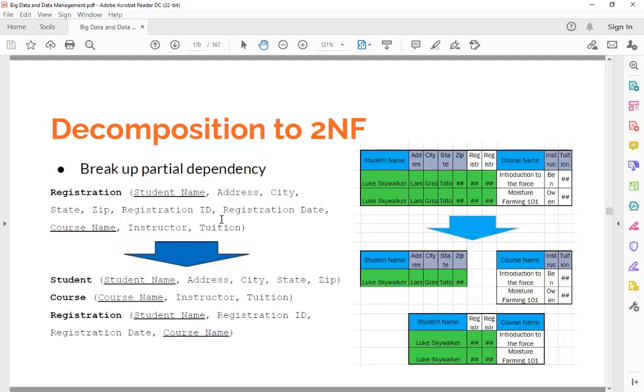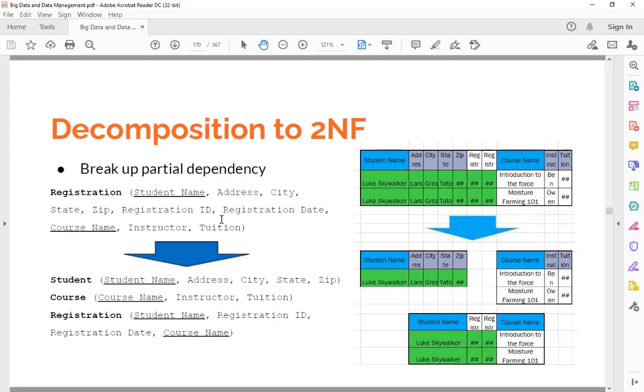Now, student name and course name itself is a primary key. You still need to keep this compound primary key as a relation because there's still this dependency between student name and the course name. If you remove student name and course name, you are removing this relationship.